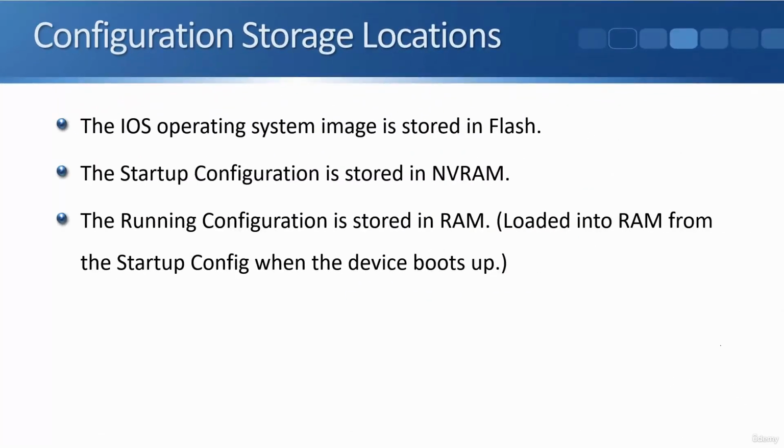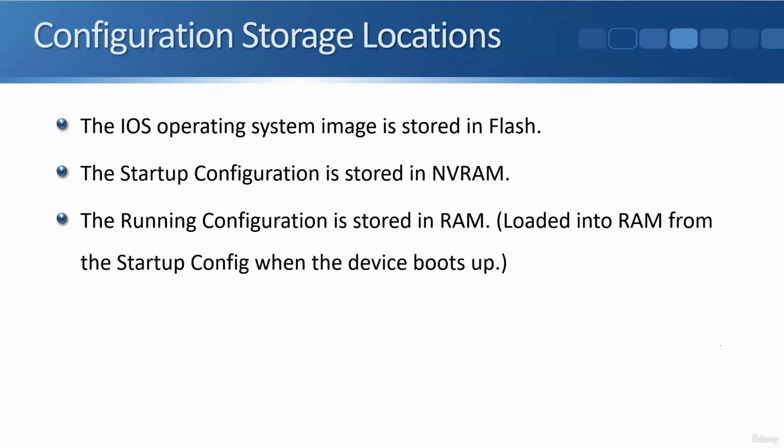The last thing that I need to tell you here is where the different configuration files are stored. Now, for the device to boot up, it needs to initially load the IOS operating system image, and that is stored in Flash.